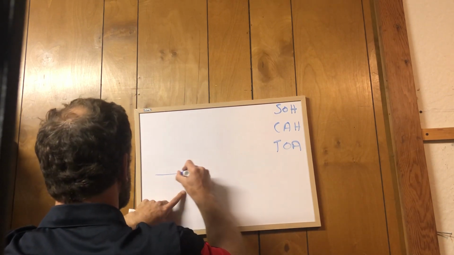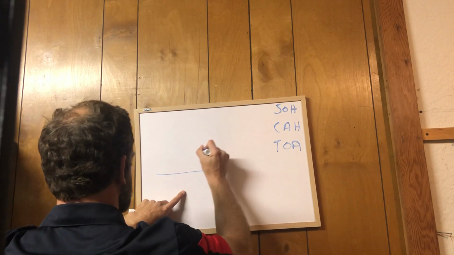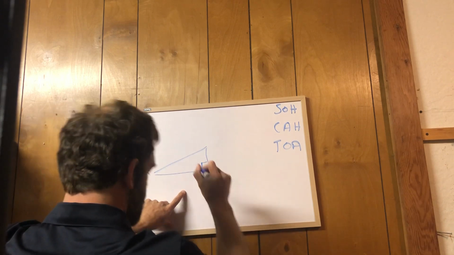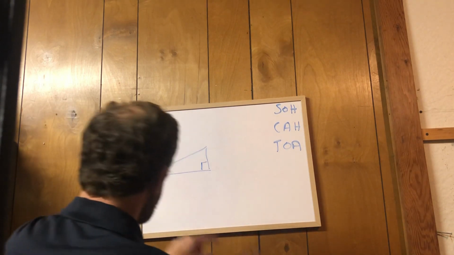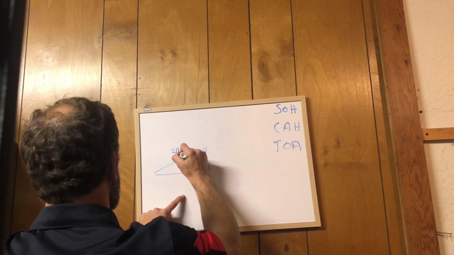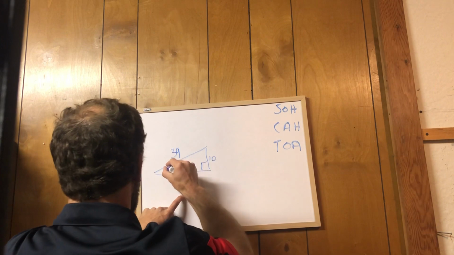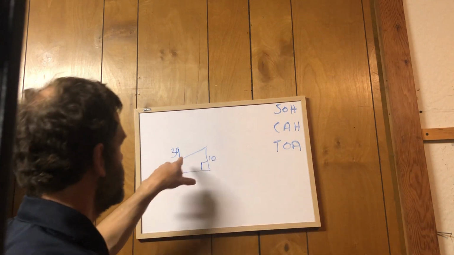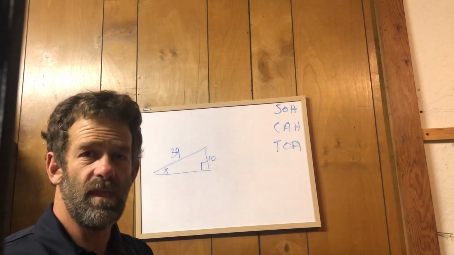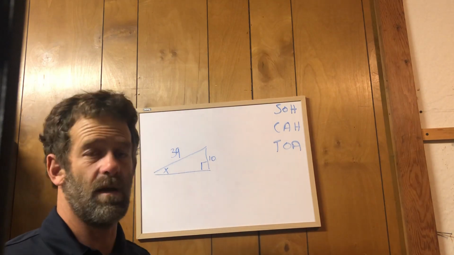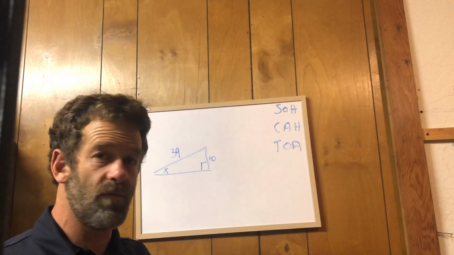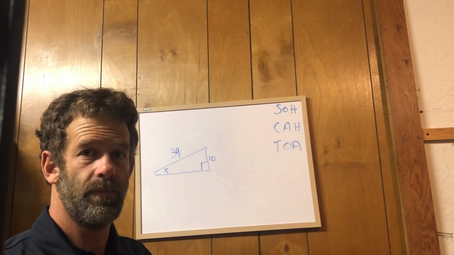So let's say we have a triangle like this. This is 39, this is 10, and you need to find this angle. See if you can do this. Plug this in your calculator. Pause this video and see if you can do inverse of whatever the trig function is.